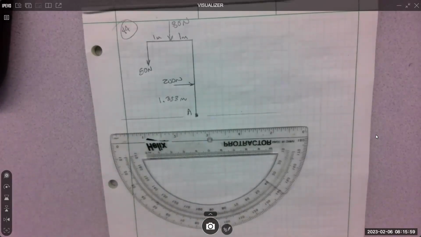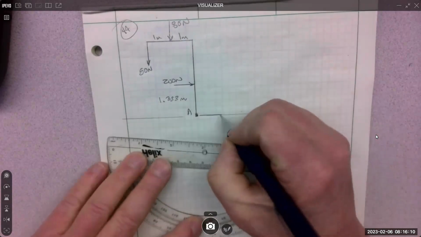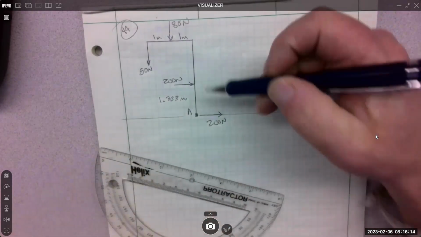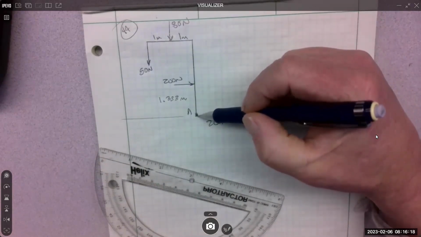So what are all the forces in the X direction? How many are in the X? One. Which one? Yep, the 200. So I move it down. What do I got to do when I move this down here? I have to find the moment. What is the moment?